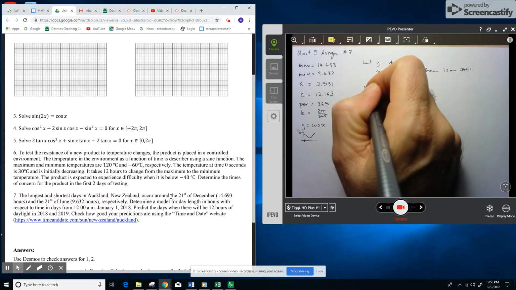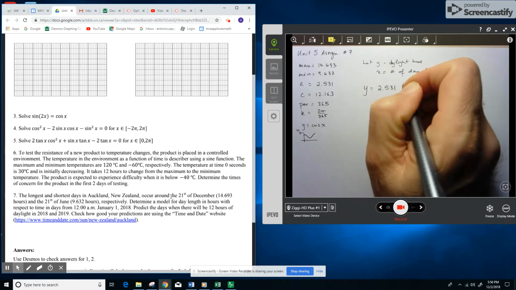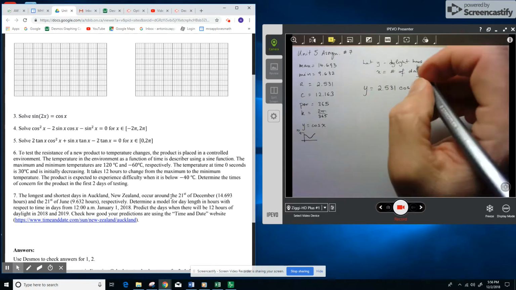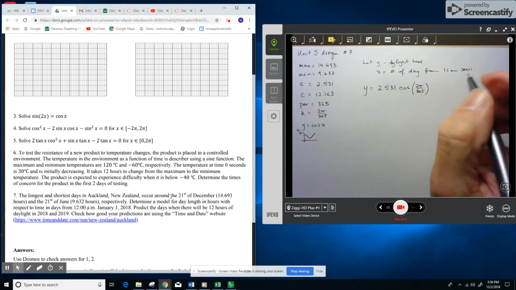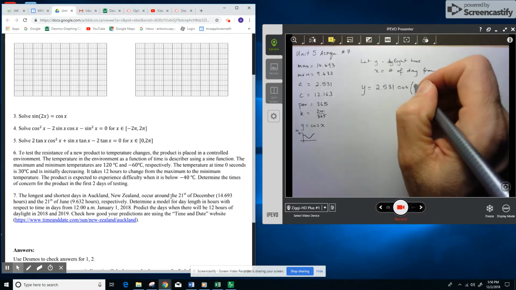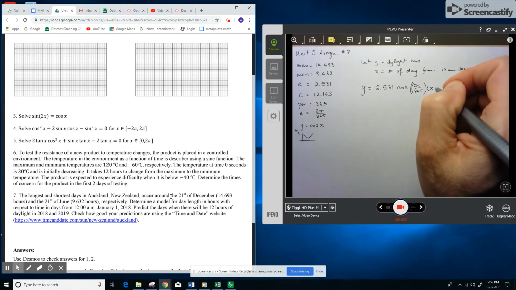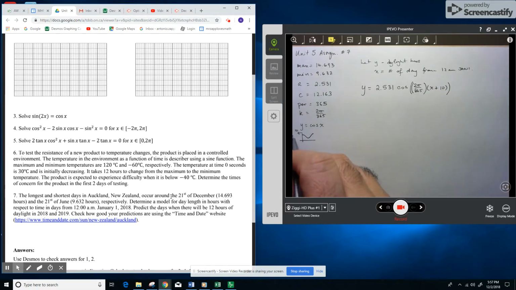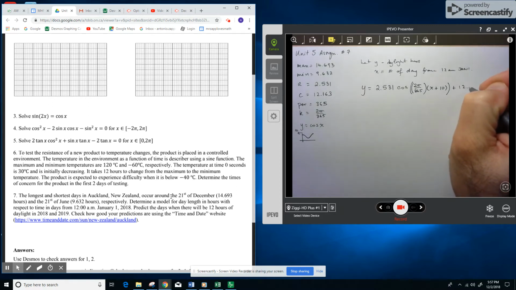So we have y is equal to the A value, 2.531, times the cosine of our K value, 2 pi over 365, times x plus 10, since we're moving 10 to the left. And then our C value here is plus 12.163. All right, so there's our model.